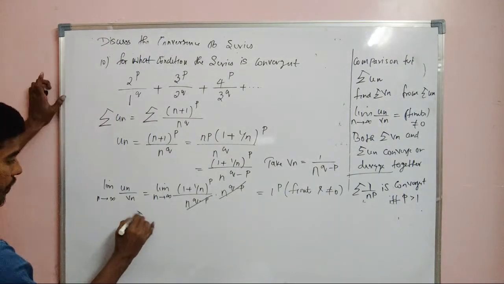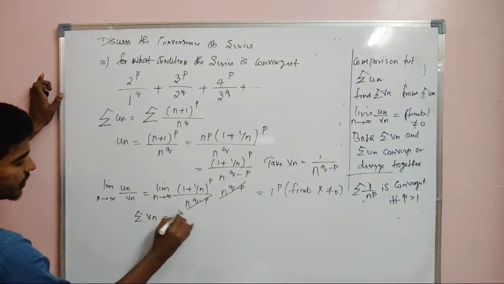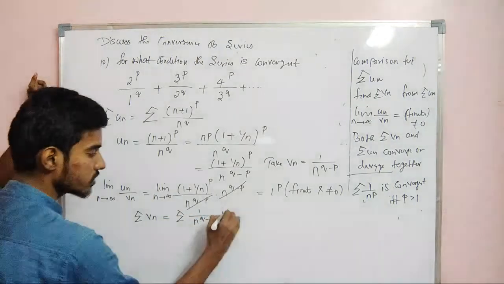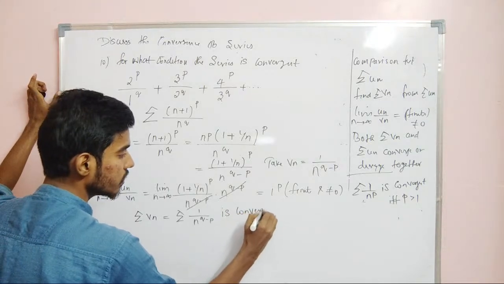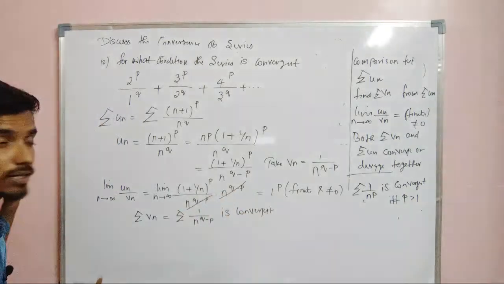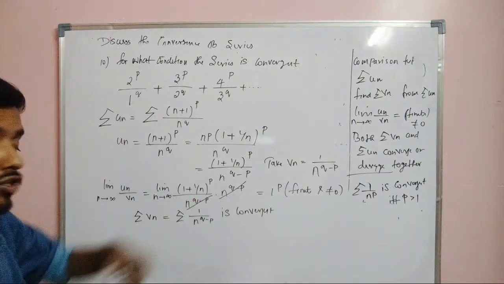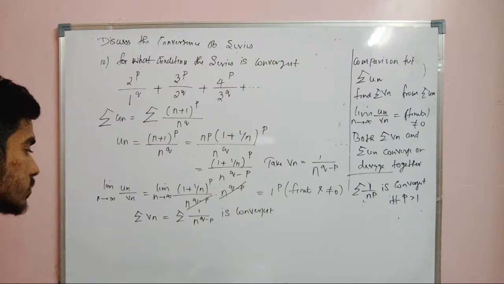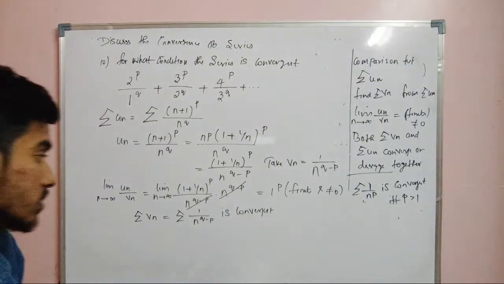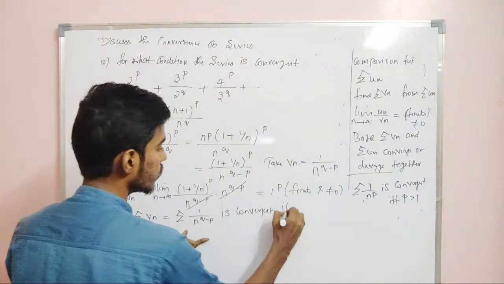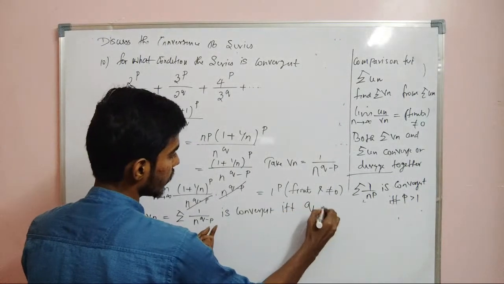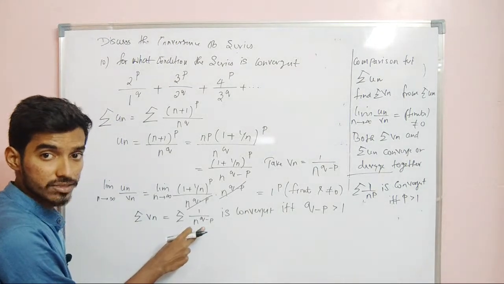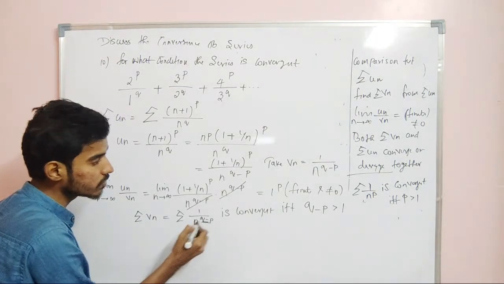So if summation vn is convergent, what is summation vn? Summation 1 by n power q minus p. If this is convergent, our series will be convergent, because by the comparison test, since the limit is both finite and non-zero, if vn is convergent, un is also convergent. And this will be convergent if and only if q minus p is greater than 1, because summation 1 by n power p is convergent if p is strictly greater than 1, so the power has to be greater than 1.